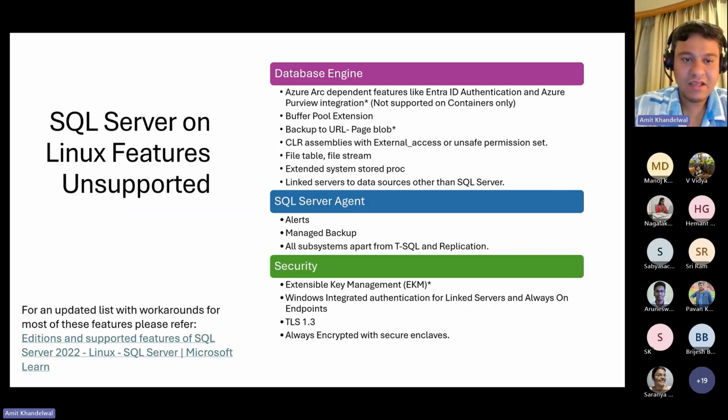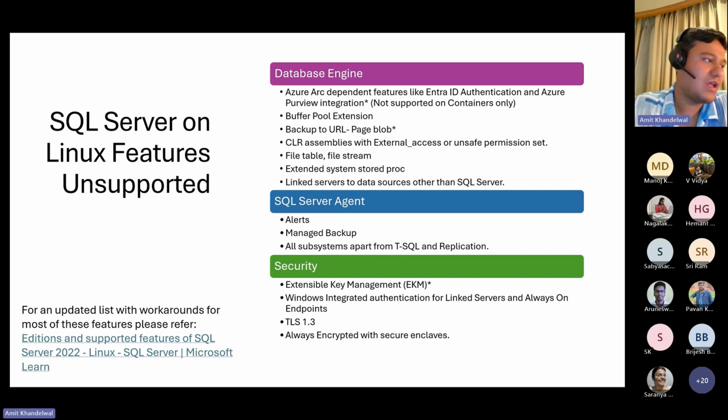Now, with that said, one last thing before I talk about anything else, that is the unsupported list of features, right? This is a slide I added at the last because I wanted everybody to take a look at the list of items that are not supported on Linux. The reason I want to show this to you is it's very, very limited, and most of my customers today using SQL Server probably don't even use things like external access or unsafe CLR assemblies.